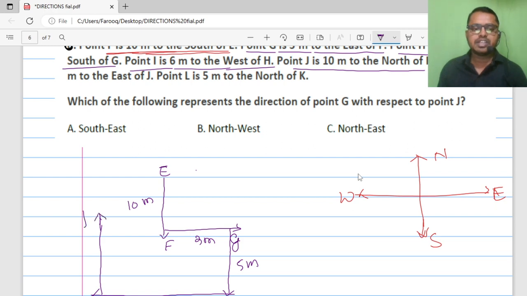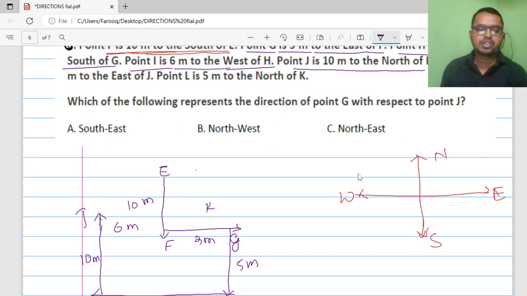Point J is 10 meter to the north of I. Point K is 6 meter to the east of J. East means in this direction. This direction, 6 meter. Point K is 6 meter.